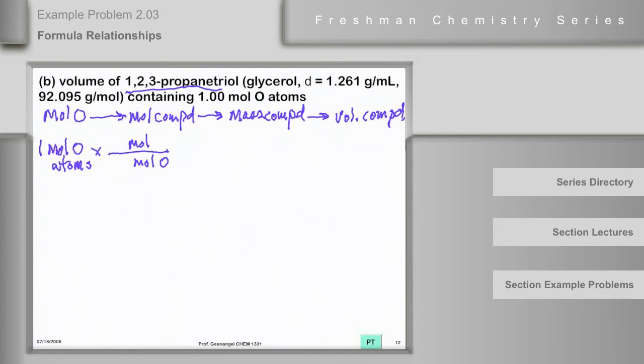So, 1,2,3 propane triol. Propane says 3 carbons. 1,2,3 says there's an alcohol group on each one of the carbons. And what are in the rest of the places? Hydrogens. Good, good. Hydrogens fill up the rest.